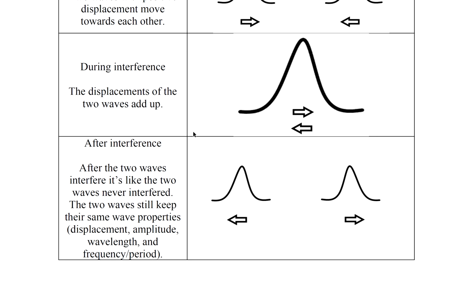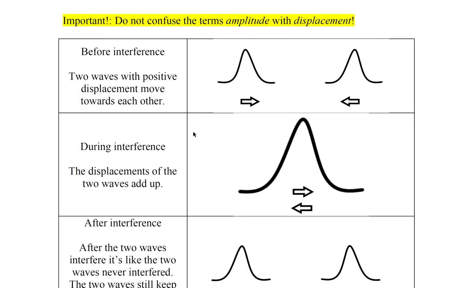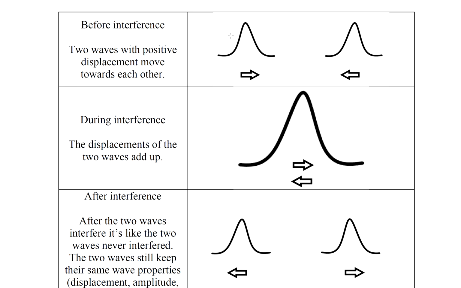And then after this interference, it's like the 2 waves never interfered. The 2 waves will keep their same wave properties, like displacement, amplitude, wavelength, and period and frequency. So you can see on the top image there's a wave going to the right, and then at the bottom image it continues to go to the right like nothing happened.